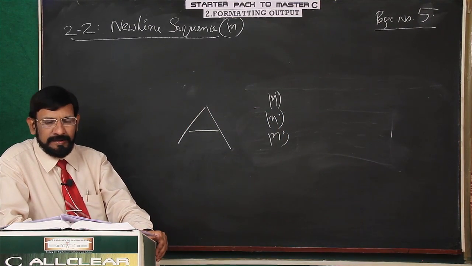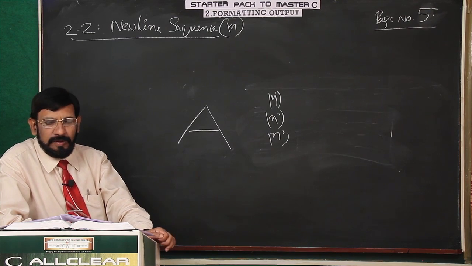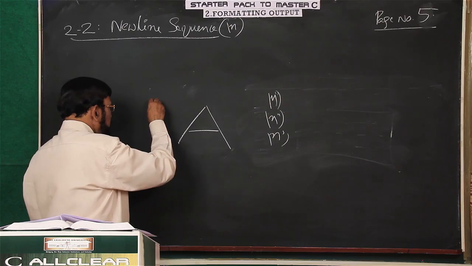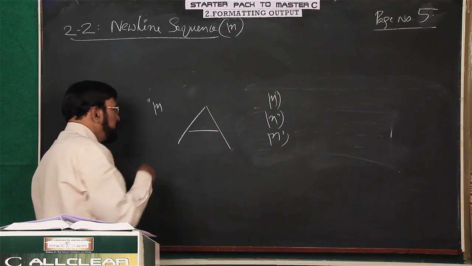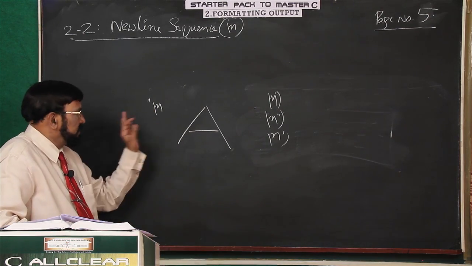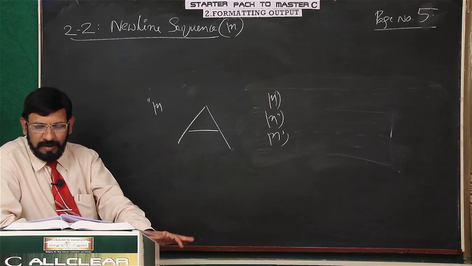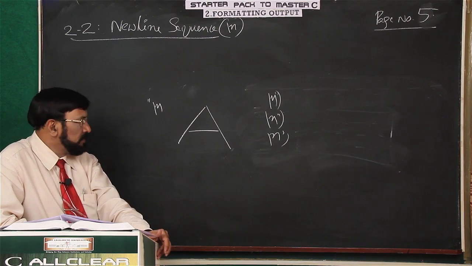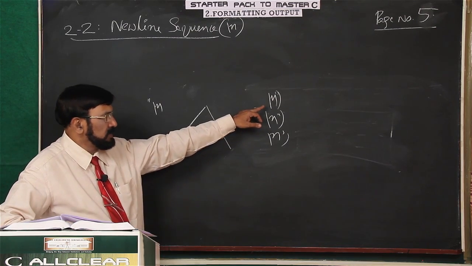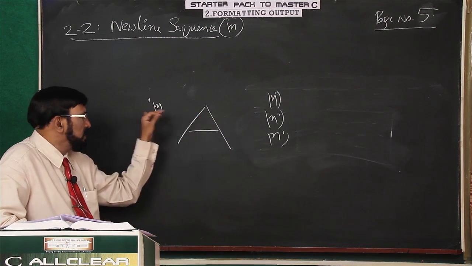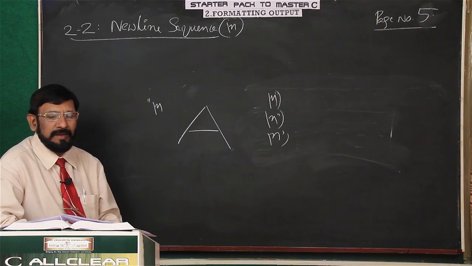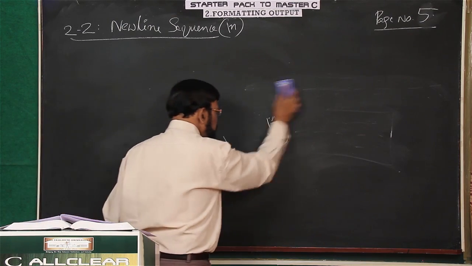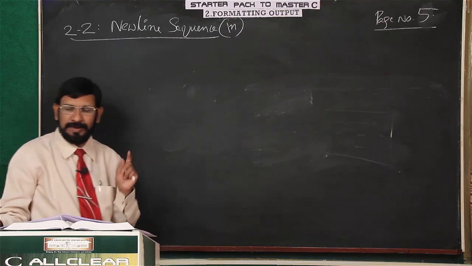In 2.3, I have written all the newline sequences at the first element of the printf statement within the string. Now, both results are one and the same. You may wonder whether you have to insert the newline sequence at the last element or the first element. Both are okay, but if you insert it as the first element, one benefit is there.